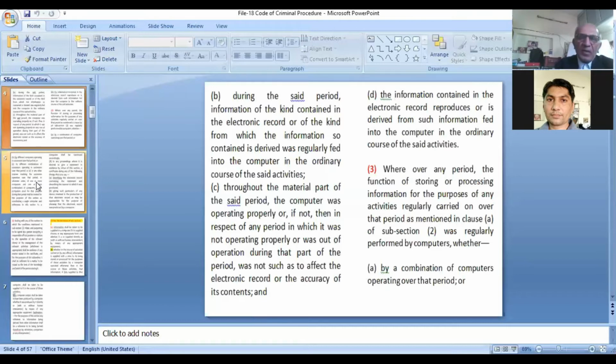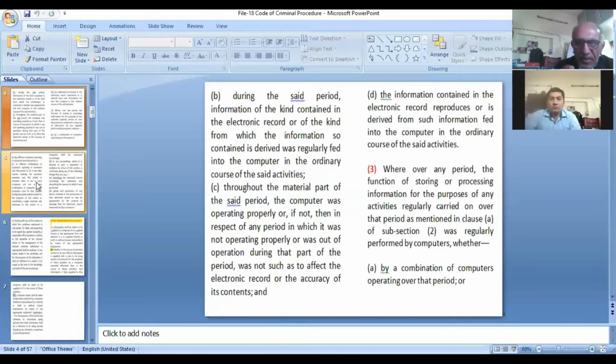So it is a wholly realistic situation that the computer being a machine, it may not be in proper operating state over the whole of the period.